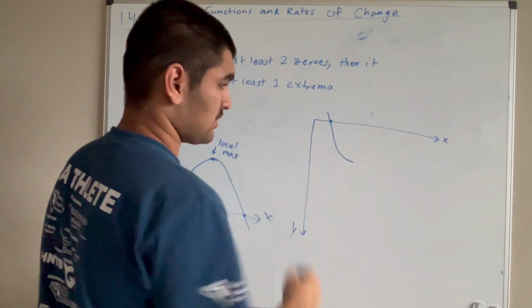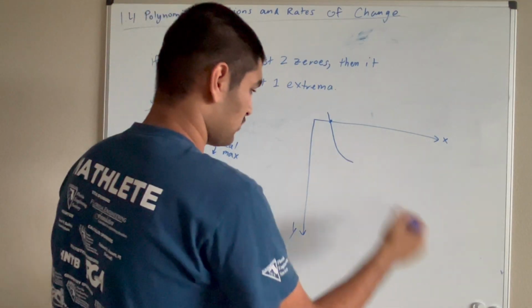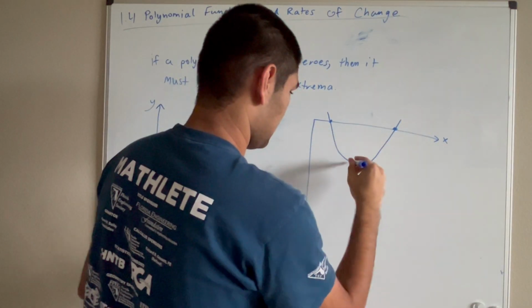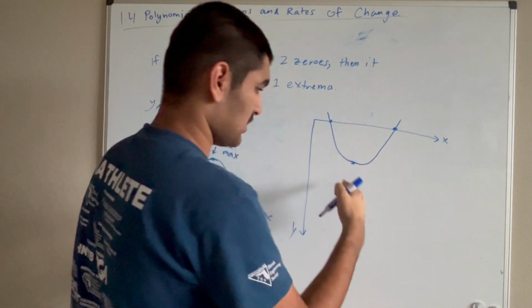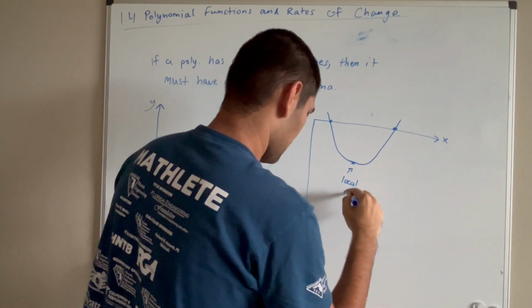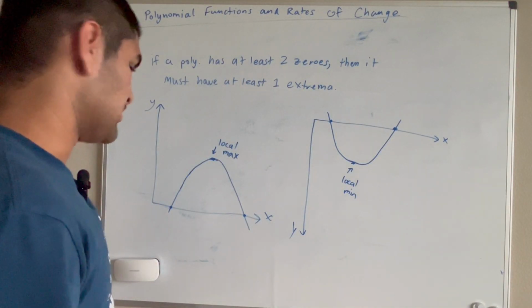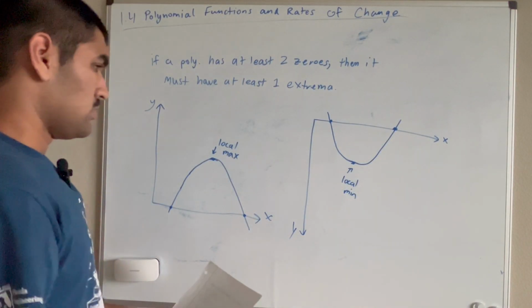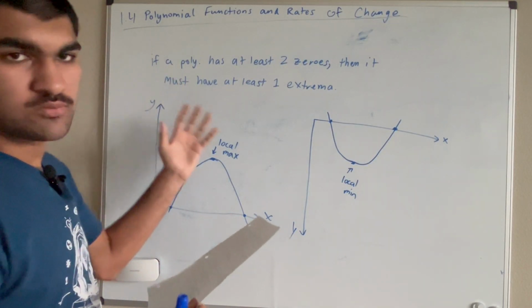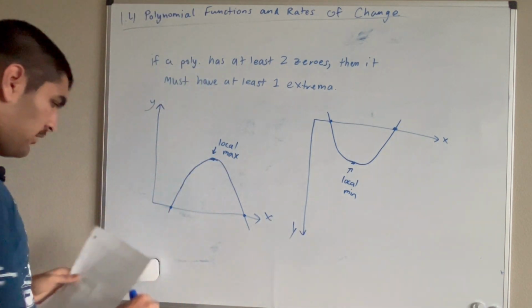So right now you're decreasing, but in order to intercept the x-axis again, you have to start increasing in order to come up. Because if you keep going down, you're never going to reach the x-axis. You have to come back up like this. And then right here, you change from decreasing to increasing, so you have a local min. And in both of these cases, actually, they are absolute minimum and maximum as well. But yeah, hopefully this helps build the understanding of why this is true. Okay, cool.